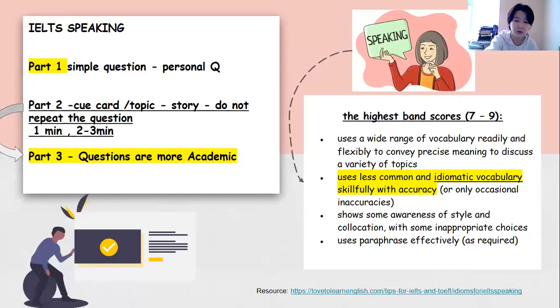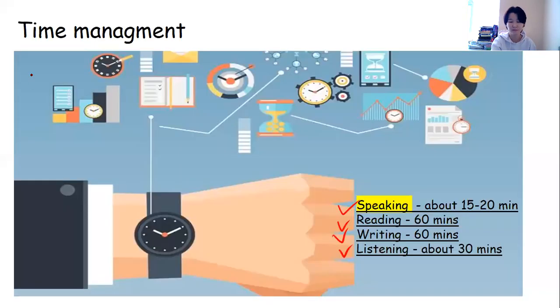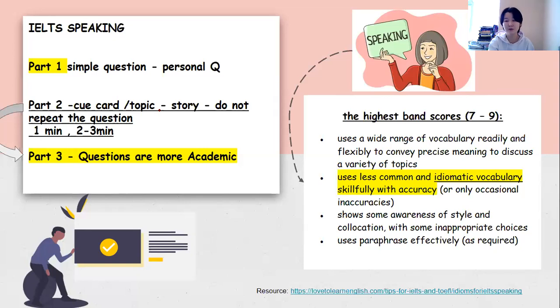Okay. So now let's talk about the IELTS speaking part. As I said before, it consists of 3 parts: part number 1, part number 2, and part number 3. The first part has simple, personal questions about you.